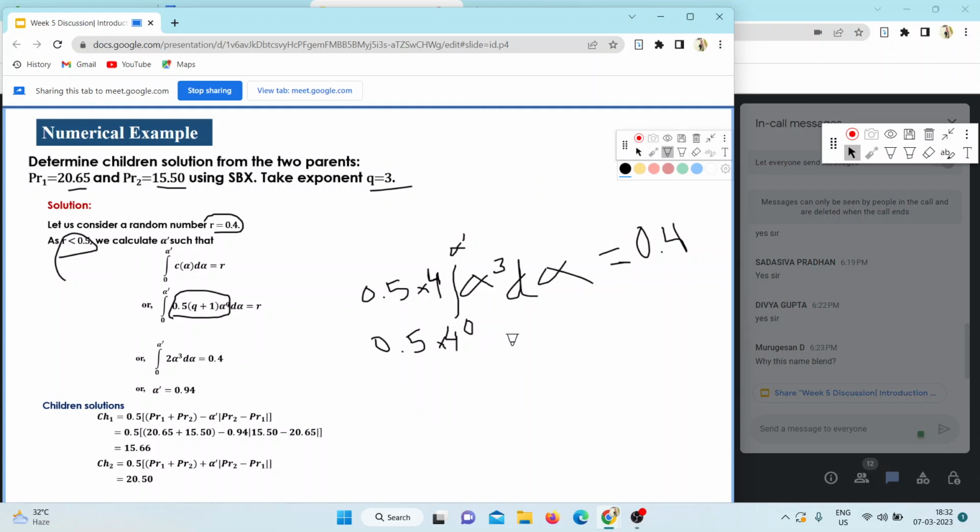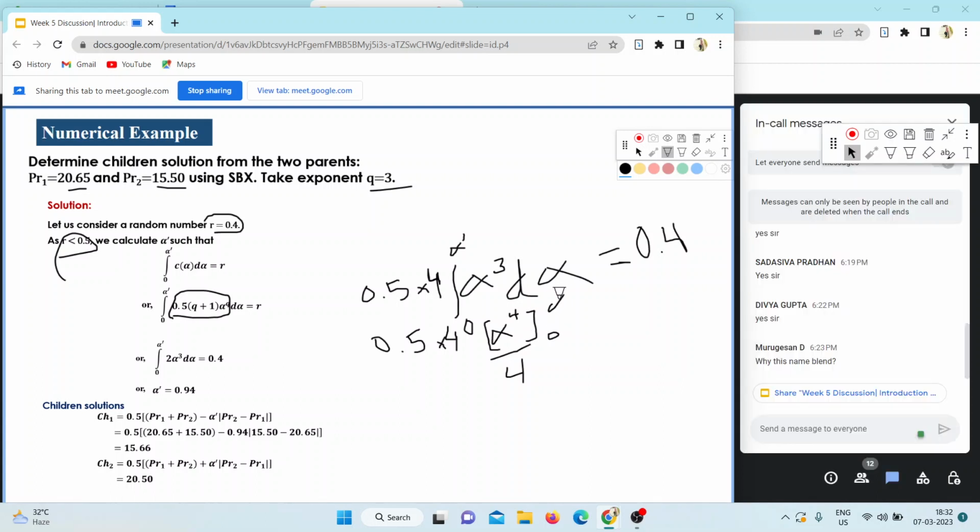When you do this integral for alpha to the power q, that will be alpha to the power 4 by 4, with the limit from 0 to alpha dash, and that will be equal to 0.4.